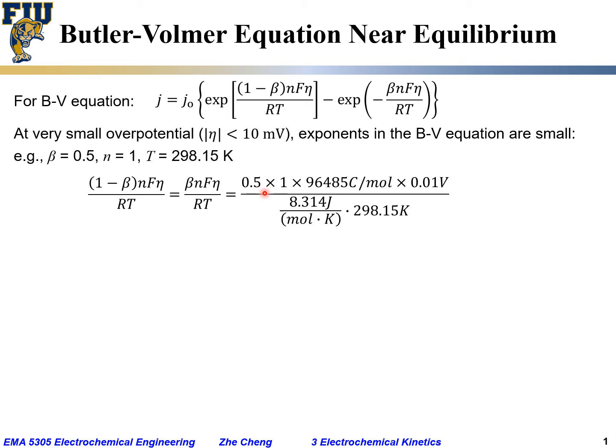If we plug in the numbers, 0.5 times 1 times the Faraday constant 96,485 coulomb per mole times the overpotential absolute value of 10 millivolt or 0.01 volt, divided by R T, 8.314 joule per mole per Kelvin, times temperature 298.15 Kelvin, then we would have this exponent to be 0.195.